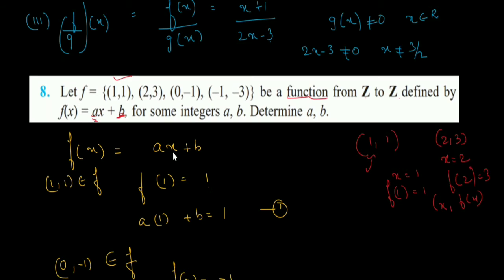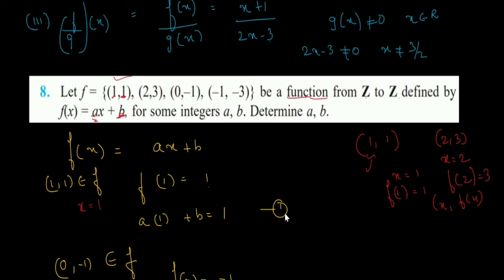Put x as 1. What is f of 1? Substitute x as 1. So a plus b is equal to 1, because when the input is 1, the output is 1. So a times 1 plus b is equal to 1.